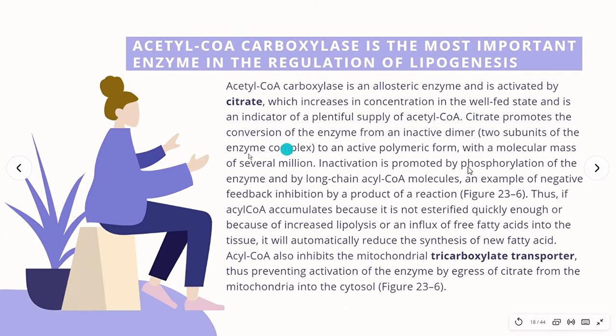Citrate promotes conversion of the enzyme from an inactive dimer to an active polymeric form with a molecular mass of several million. Inactivation is promoted by phosphorylation of the enzyme and by a long-chain acyl-CoA molecule, an example of negative feedback inhibition by the product.